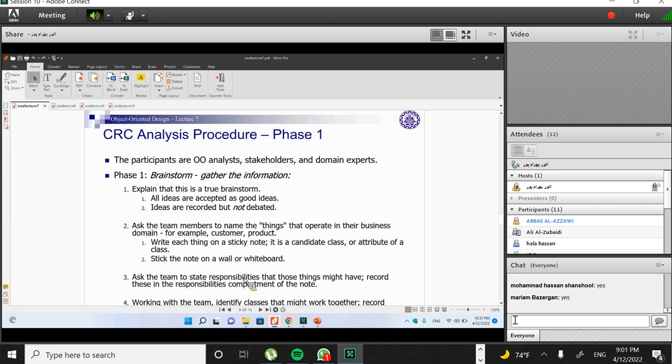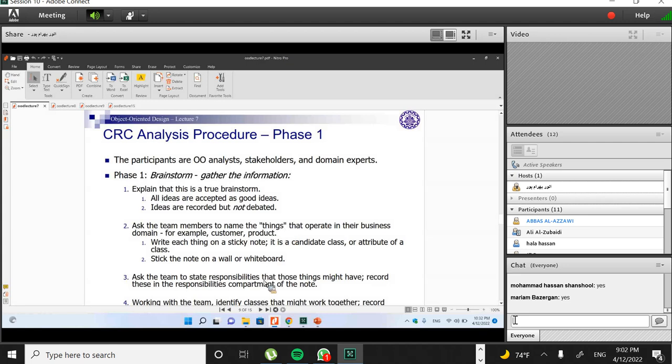Ask the team to state the responsibilities that those things might have. In the previous step, we just asked them to define important things from their point of view.